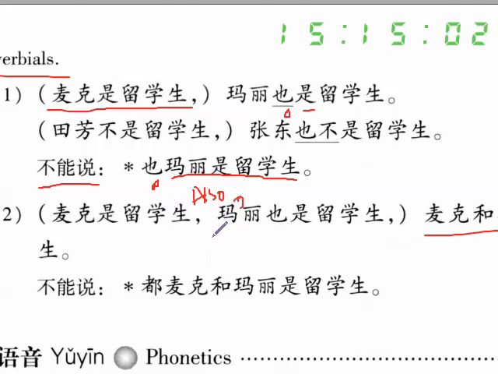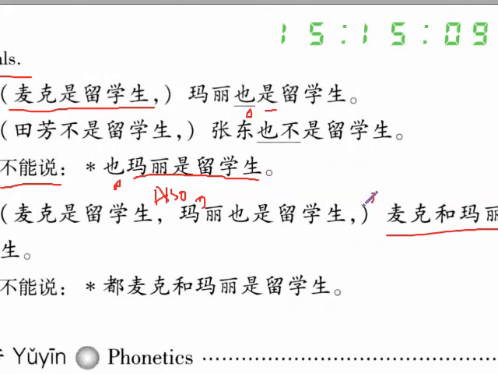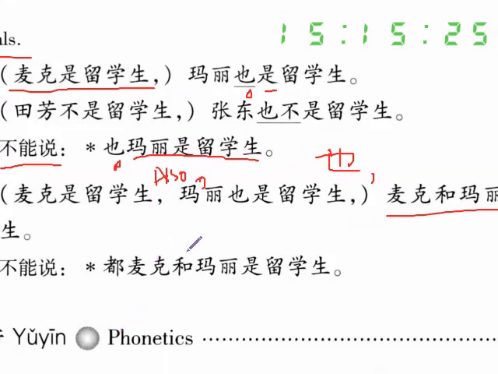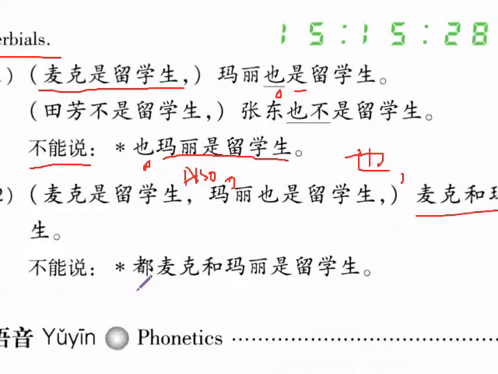So they can't cross. But the Chinese, you say comma, no use. Usually I think just use with the verbs, with the predicate. 都 same function. Don't say at the head of the sentence.